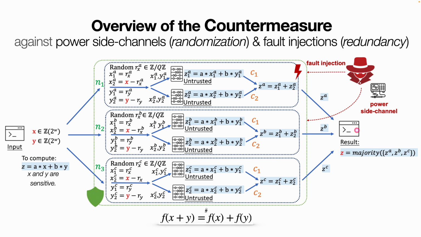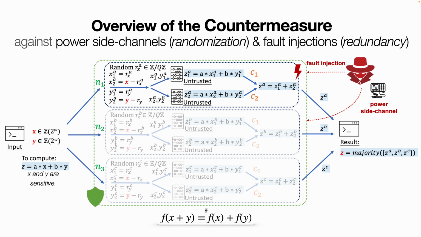If the attacker introduces a fault in one of the computations, they cannot observe the effects in the output, since the code is going to self-correct itself with majority voting. For example, this Z, A, B, and C all should be the same if there is no fault, but if the attacker can induce a fault up to 1, and if our security parameter N is 3, then 2 of 3 should always be correct, and the majority vote should be correct as well. We will talk about these details later.